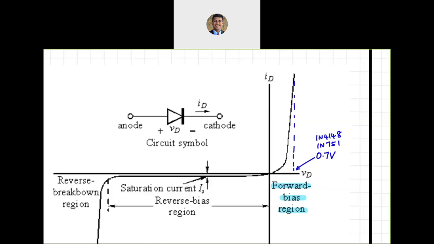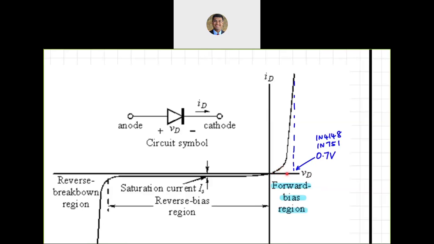So around that 0.7 volts value for the 1N4148, as well as the Zener diode 1N751, in the forward biased region, the current is going to increase exponentially beyond that value. So imagine a valve that you are opening and closing. Ideally, if you are below 0.7, the valve is closed, meaning there is no current, or a very small amount, but theoretically it is zero.